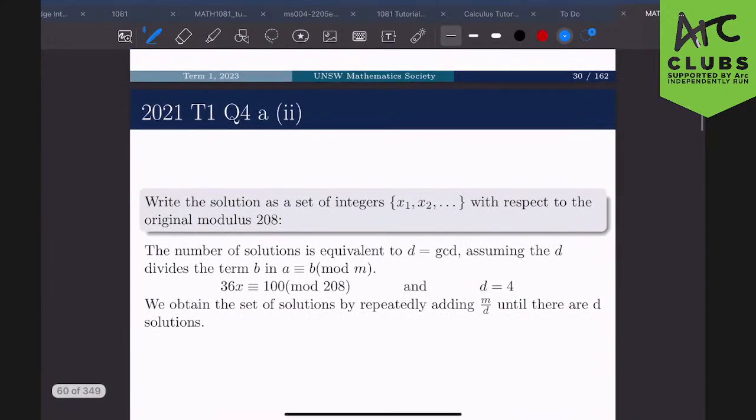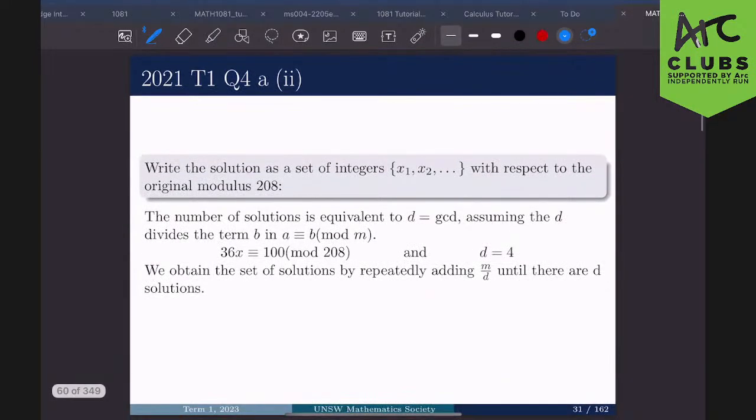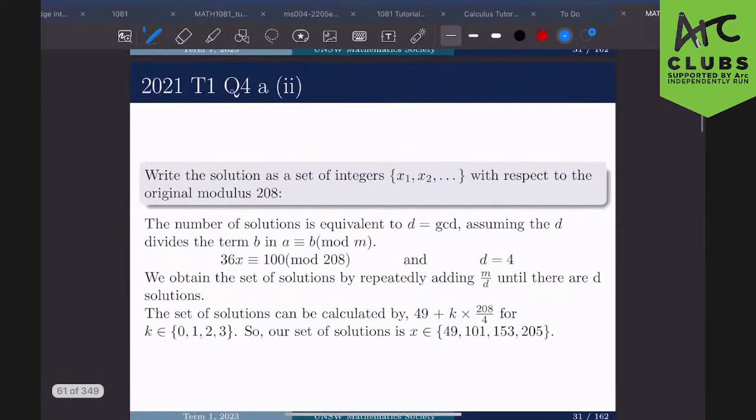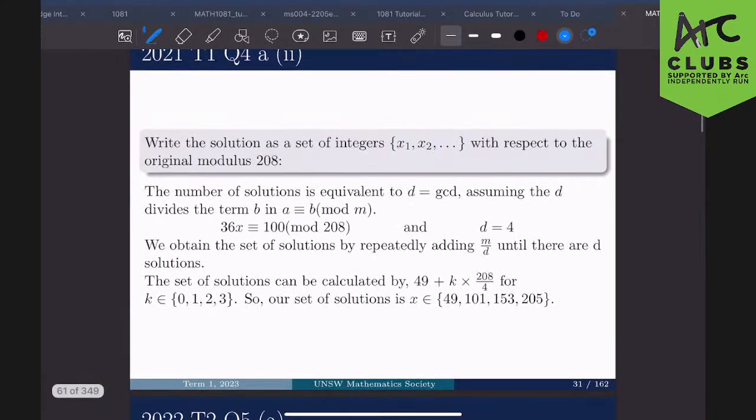And the way you find these solutions is, well, I've just rewritten what we've got. So we've got the original, and our GCD is 4. We repeatedly add m over d, where m is the modulus, until there are d solutions. So we just take our first solution, and we can apply this formula, or you can think about it logically.